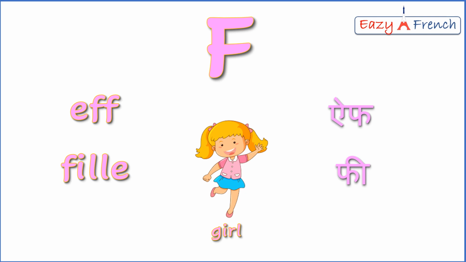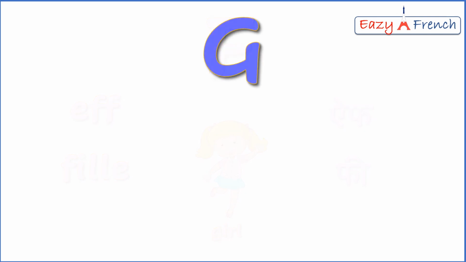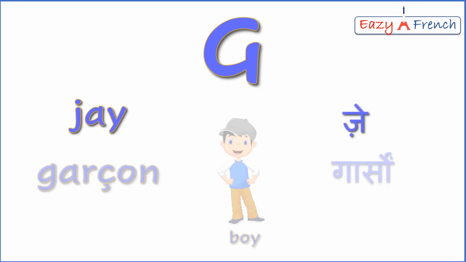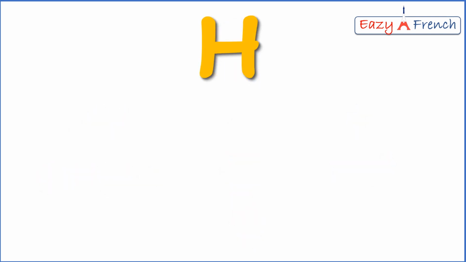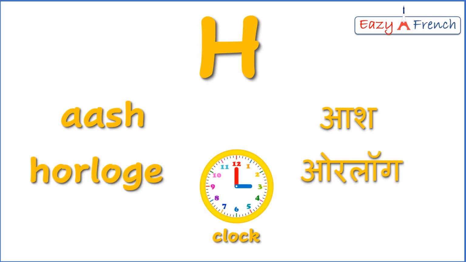F is like English F, fille, a girl. G is called G, garçon, a boy. H, it is called H, horloge, a clock.